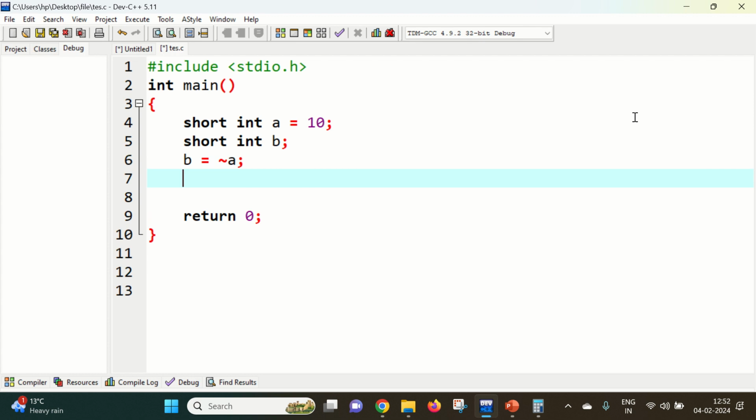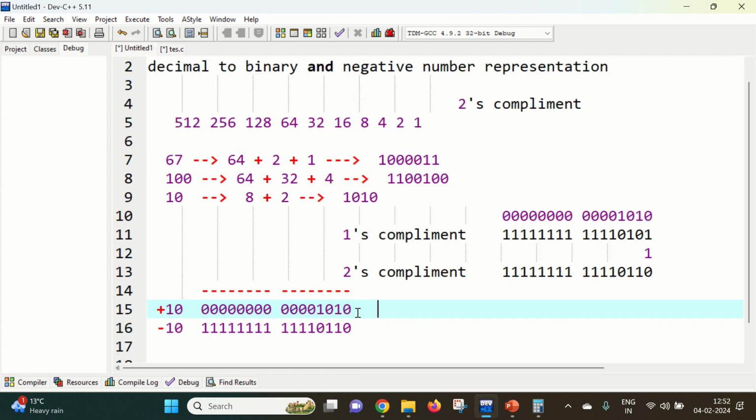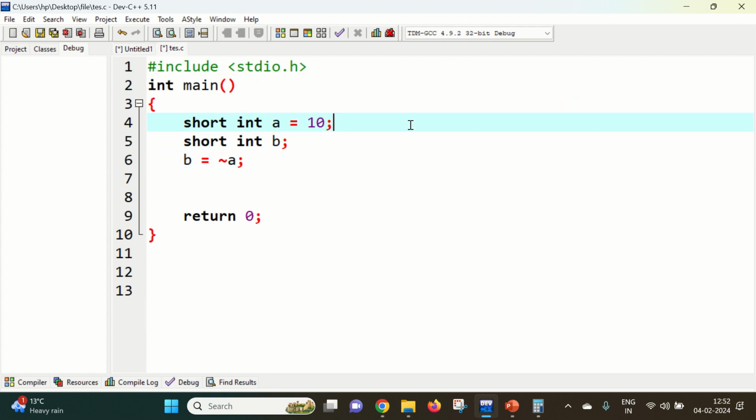With the help of this operator, every bit is changed. So you have to think about how 10 is represented in the memory. I can take it from here, no issue. You can see that this is your number 10.